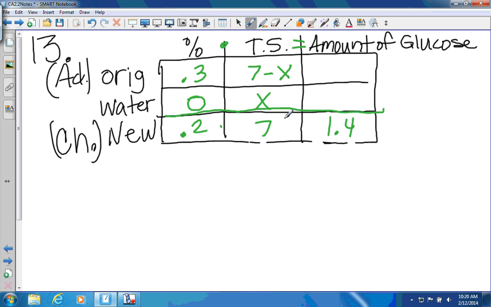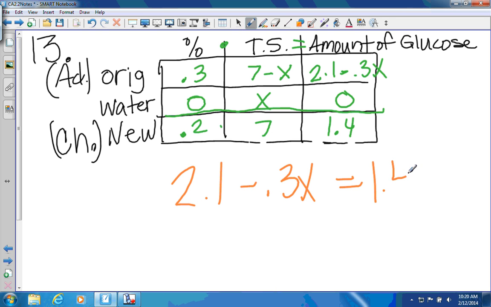And then if you multiply these things together, 0 times x is 0. 0.3 times 7 minus x is 2.1 minus 0.3x. And so now your equation is going to be 2.1 minus 0.3x equals 1.4.